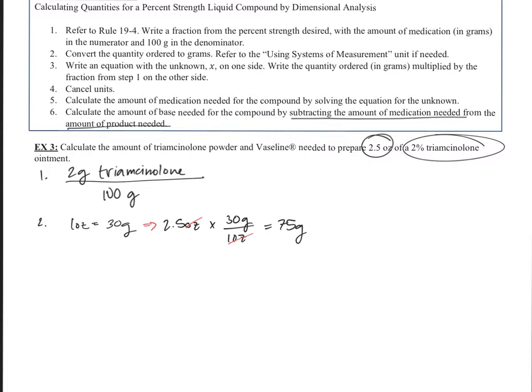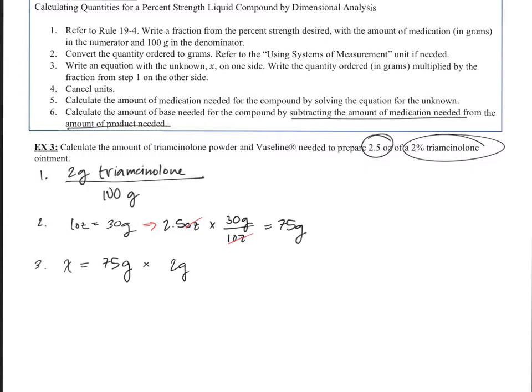Okay, so now let's go ahead and set up our equation. Remember, we're using dimensional analysis. So we set x equal to, we'll go ahead and use our 75 grams, multiply that by our fraction from the top, which I went ahead and looked up.